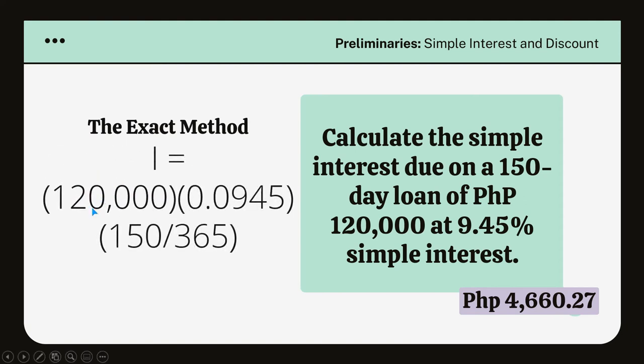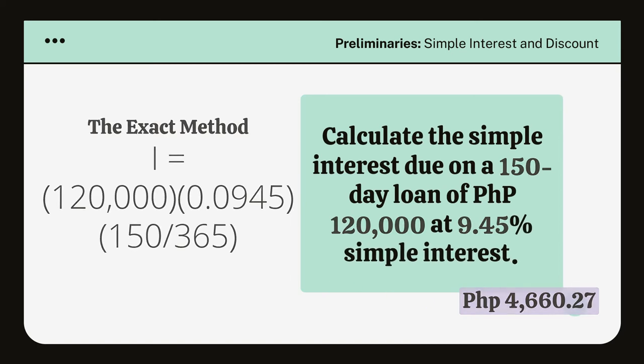As you can see, P stays put, 9.45% became 0.0945, and your 150 days is now divided by 365 because we're going to use the exact method. And once you do that, you will be able to get the 4,660 pesos and 27 centavos simple interest that we are looking for. All right, let's go to the next question.